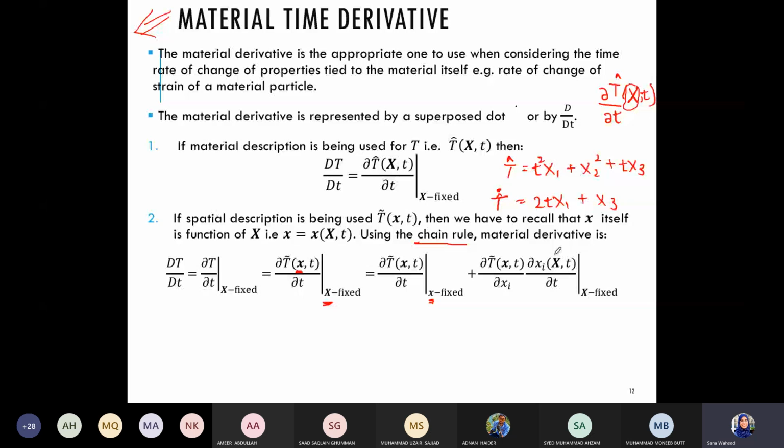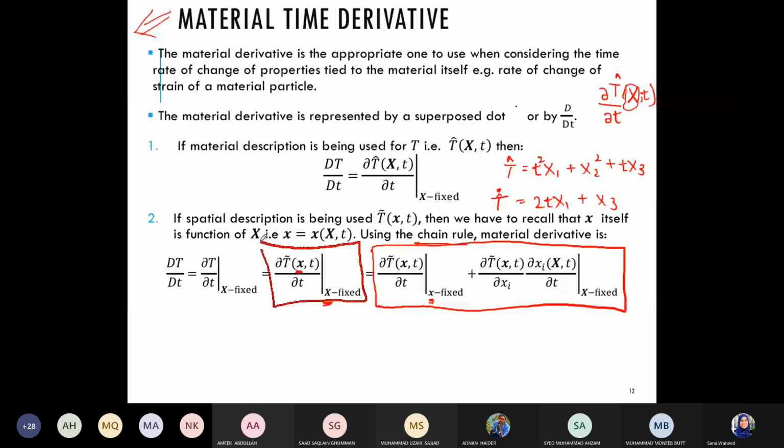Okay, I know it may look a bit complicated. I'm going to go quiet for a minute or so, and I just want you guys to look at this and see what happens when the chain rule is applied here.